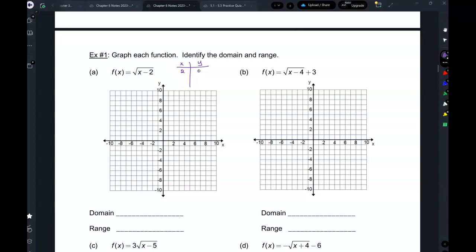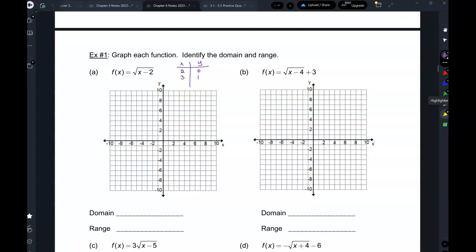And y is 0. Next, I want to put a number for x that when I put it in here, the result will be a perfect square. So for example, if I put 3, 3 minus 2 is 1, that's a perfect square, so I can use that and I get a 1.